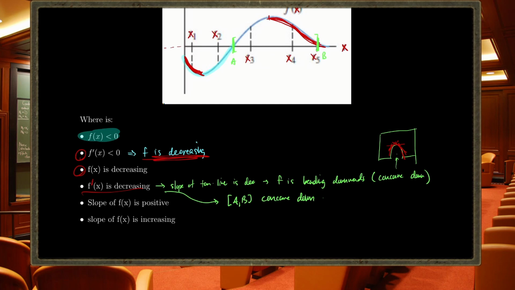The slope of f of x being positive means that this is where the function is increasing, right? Will that be like here to here? And that's pretty much it, right? Since it's decreasing everywhere else, this is the only place where the slope is positive.